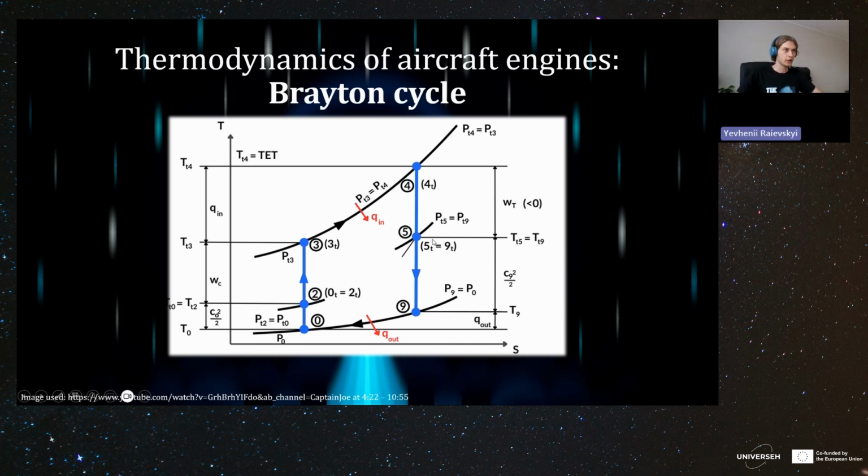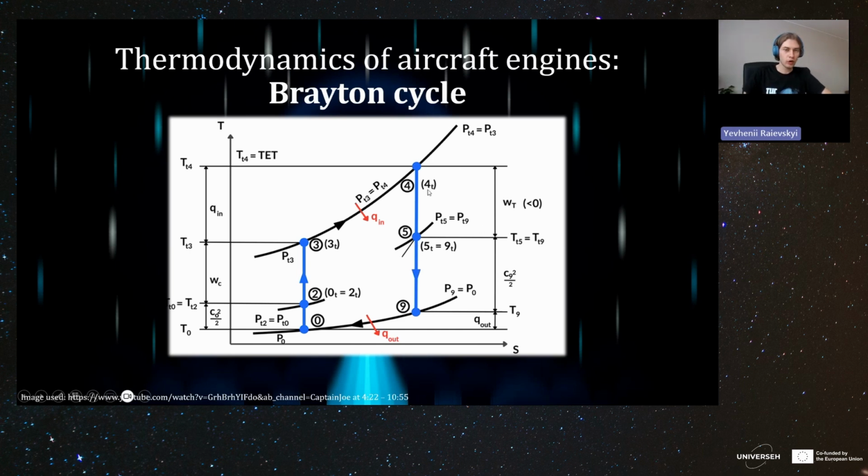Of course, you need to remember that this is an ideal situation. An ideal situation means that, for example, those areas, this and this, must be equal, because this is the section of the compressor and this is the section of the turbine.